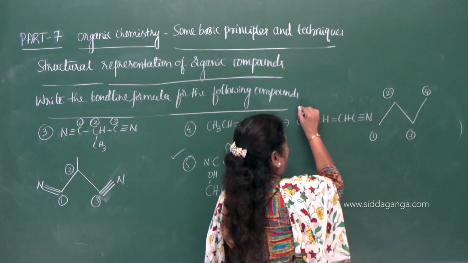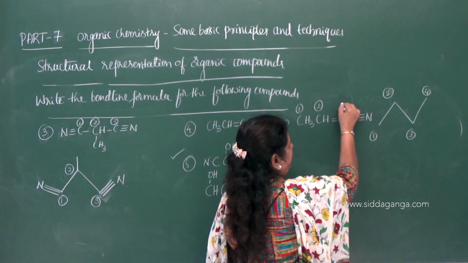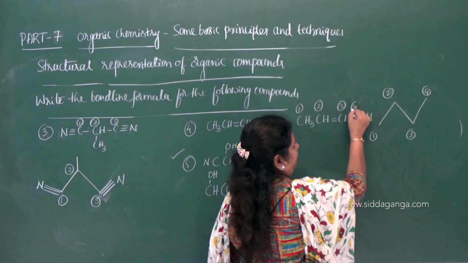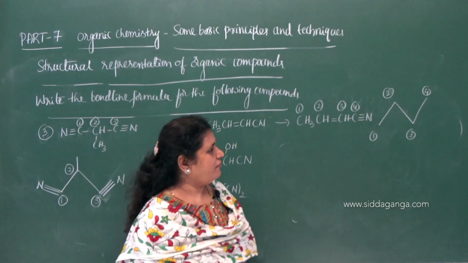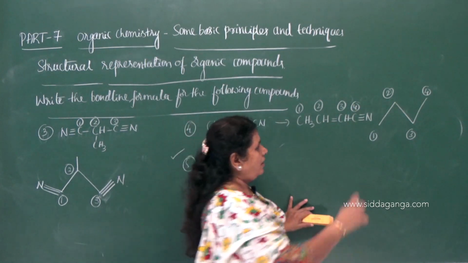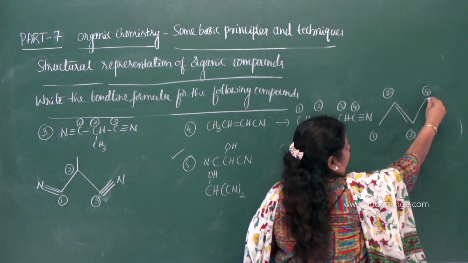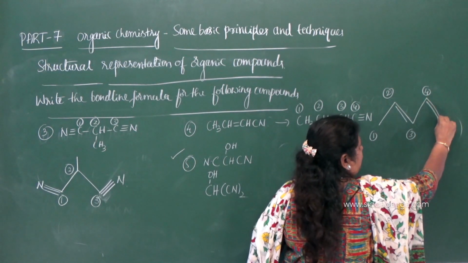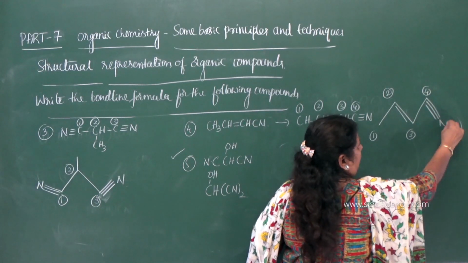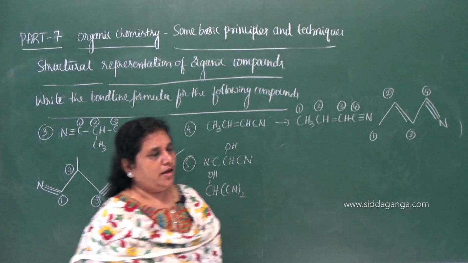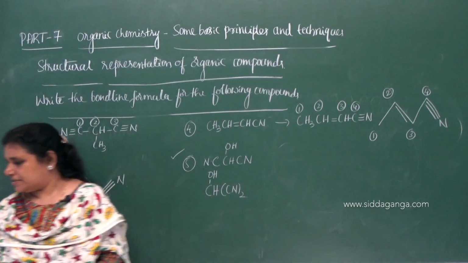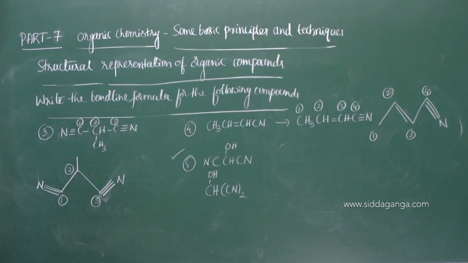Now 1, 2, 3 and 4. These are the 4 carbon atoms present here. Between the second and third there is a double bond and the fourth one forms a triple bond with nitrogen. That is the bond line representation of that compound.